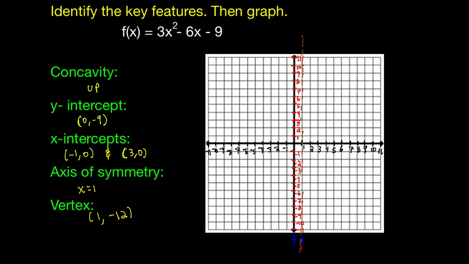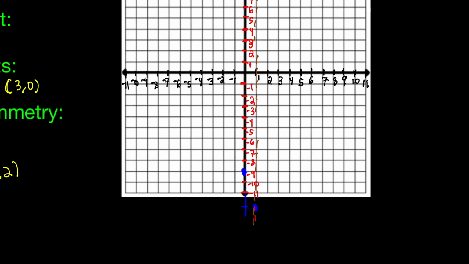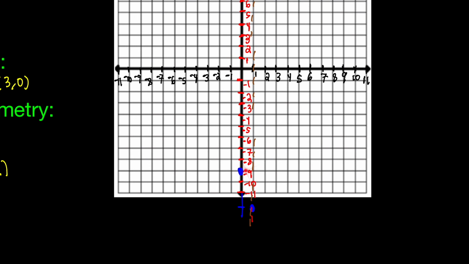Now I'm going to graph the y-intercept, which is at 0, negative 9. So at 0, I'm going to go all the way down to negative 9. Now, this point is 1 unit away from the line of reflection. So to reflect that, I'm going to go over 1 unit.